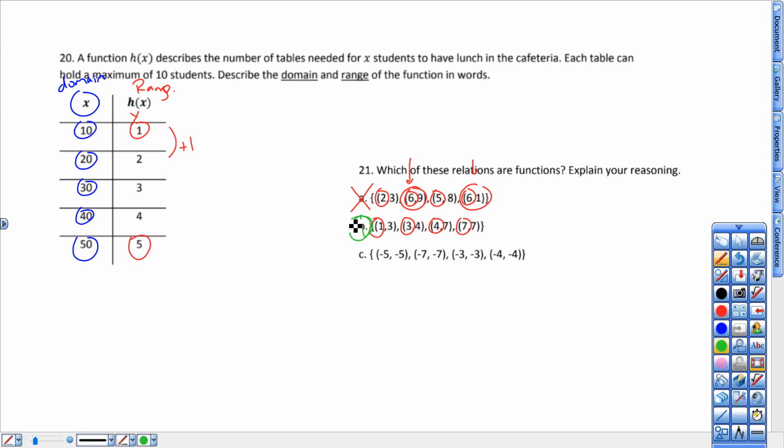And then this last one here, -5, -7, -3, -4. None of those x numbers are repeating, so that one is a function. Remember, for it to not be a function, the input is going to spit out more than one output.